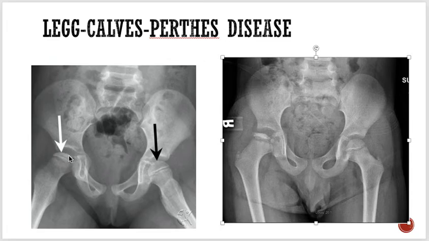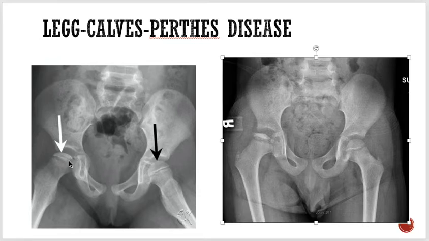Remember, guys, the blood supply of the head of the femur, if you have done anatomy in good detail, you would know it is coming from here. There is a ligament by which the femur is attached with the acetabulum. In that ligament, there is an artery which is running over here. So it gets its blood supply from there. Whenever there is any problem, it can lead to necrosis. So Legg-Calvé-Perthes disease is avascular necrosis. Avascular means there is no blood supply.